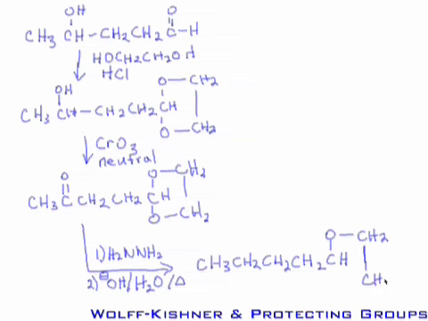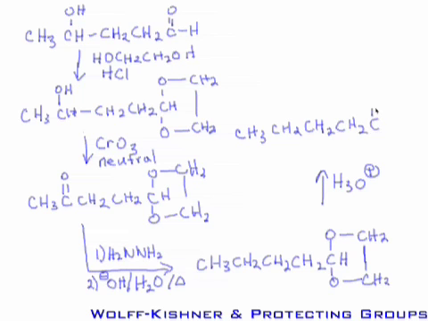Now, take this full acetal, hit it with acid, and notice you've made the molecule with the aldehyde group, and you've been able to do this reduction without harming your aldehyde. Of course, you also get back the ethylene glycol.